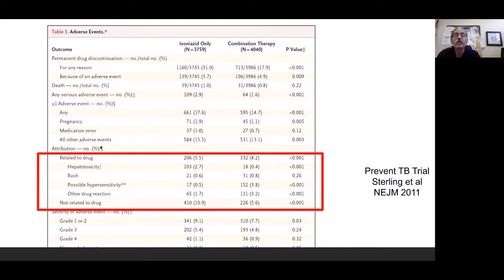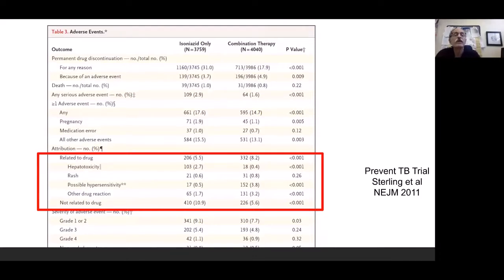And you can see the incidence of hepatotoxicity in the 12-week regimen was much, much lower, although there were other types of adverse events that occurred with higher frequency that we may talk about later on.